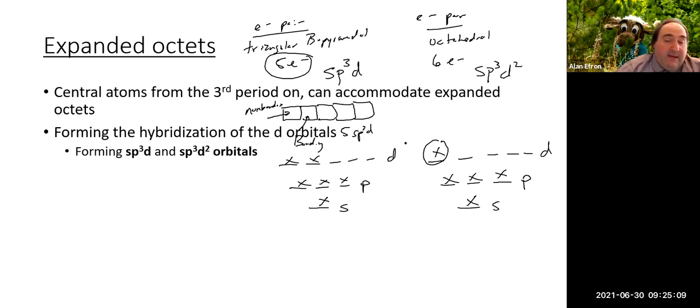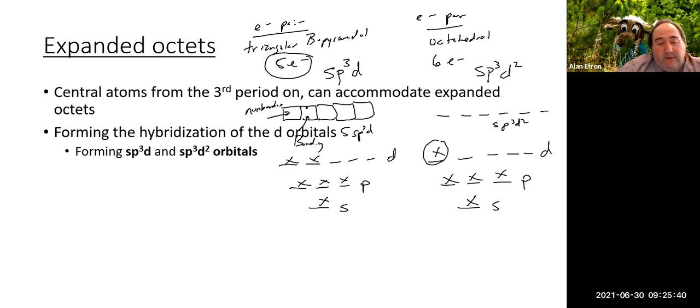Something with 6 electron pairs would have sp3d2 hybridization, ending up with 6 sp3d2 hybrid orbitals, each being the same shape and the same energy. Within those, you could have non-bonding electrons and bonding electrons.